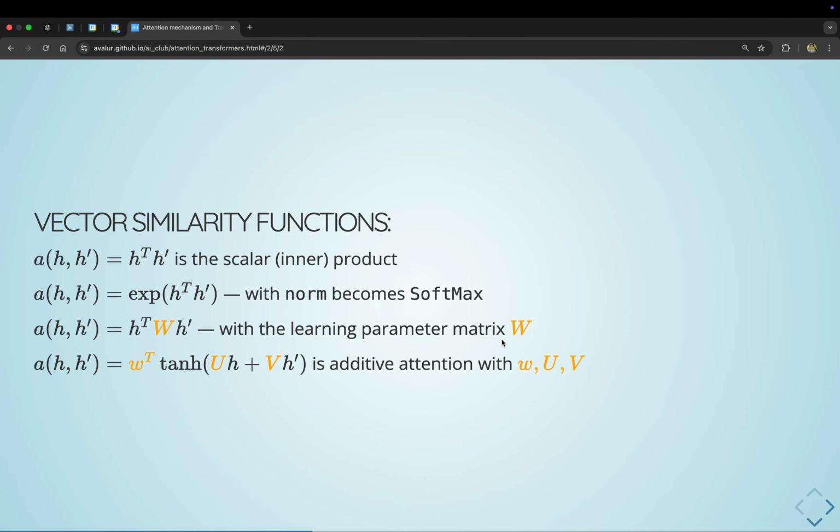We want to introduce more parameters to train all the attention scores to be able to catch all the connections between the input and output.